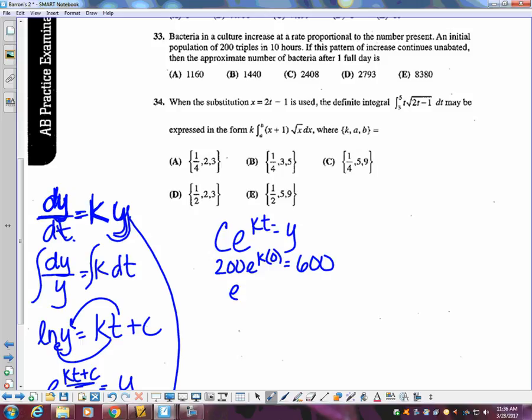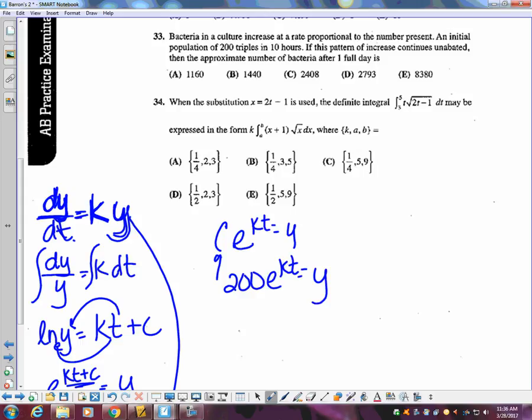Divide both sides by 200. E to the 0, hold on. Sorry. If it tells you that your initial population is 200, then you know what C is. So C is 200.